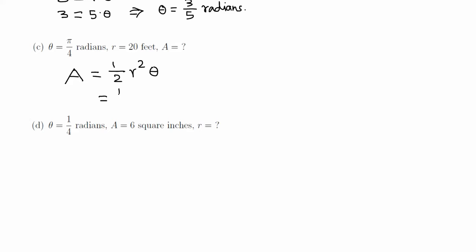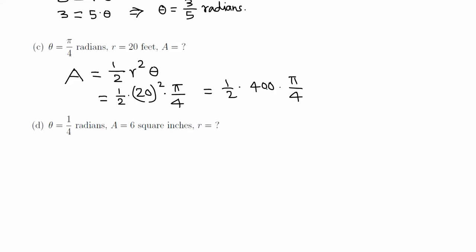That is equal to 1/2 times r squared, that's 20 squared. You can use your calculator, 20 times 20 is 400, times theta, which should be in radians. Pi over 4, that's 1/2 times 400 times pi over 4.